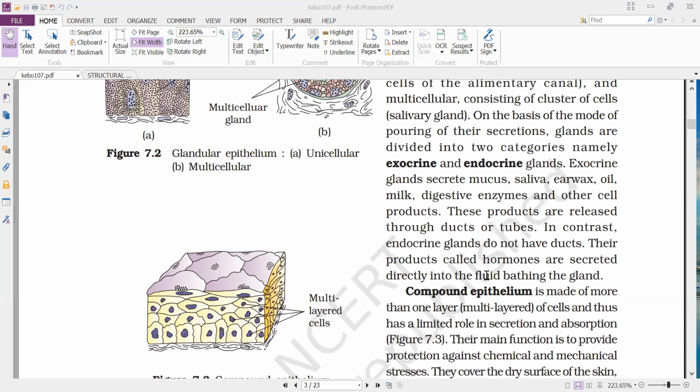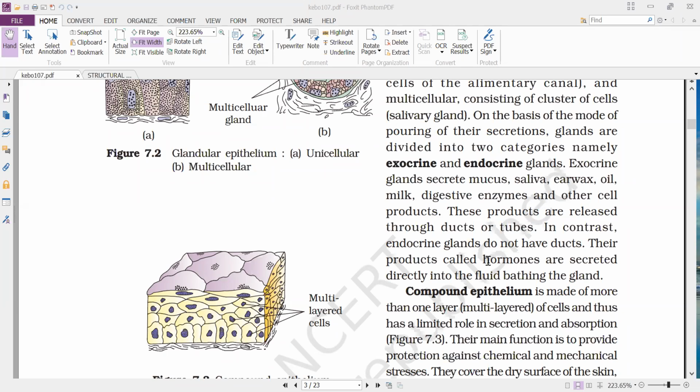Exocrine glands are the glands which secrete their secretions into some specific regions through the ducts or tubes that are provided with them. All of them possess ducts and they secrete their secretions into some specific region of the body.